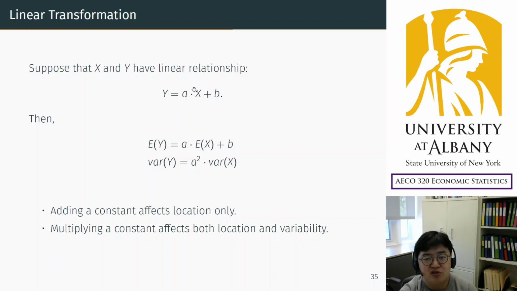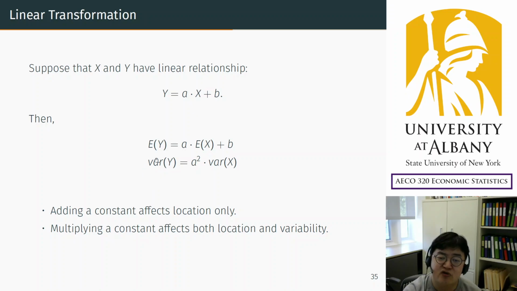So the original random variable is x, and we define a new random variable y by multiplying by a and adding b. In this case, if you calculate the mean of y and the variance of y, then the mean of the new random variable and the original random variable satisfy the same linear relationship, which is nice, right?